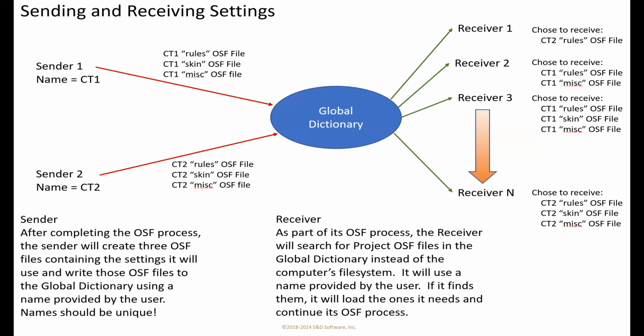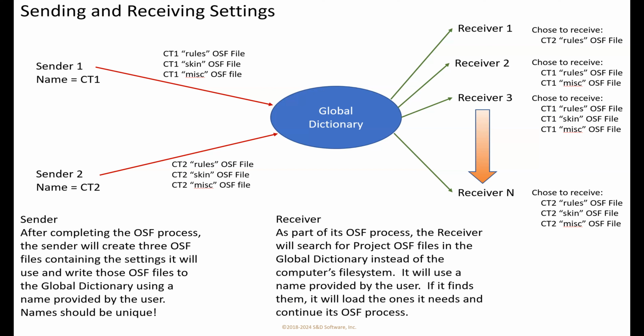Now, the user is going to tell each receiver which global dictionary they should go and pull their settings from, and which of the OSF files that was placed out there by the sender should be pulled down and used. And so we see here, receiver 1 was told to go to Global Dictionary CT2 and pull just the rules OSF file. Receiver 2 prefers to go to CT1, and he is going to pull both the rules and the miscellaneous OSF files.